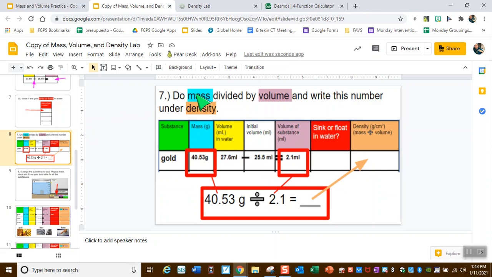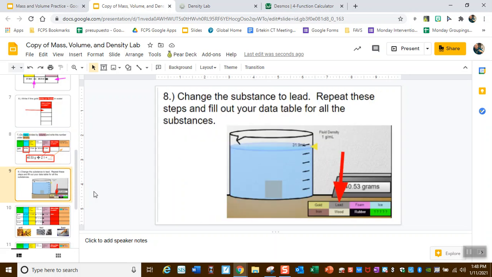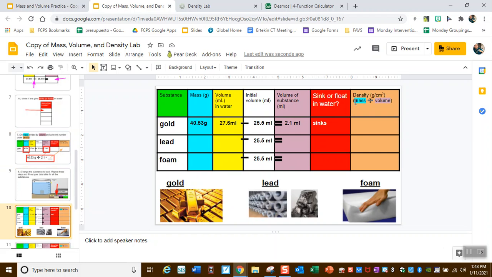The last step, do mass divided by volume and write this number under density. So, the mass is the blue column, which is 40.53 grams. For volume, we use the purple column, 2.1 milliliters, okay? And look, it's right here.